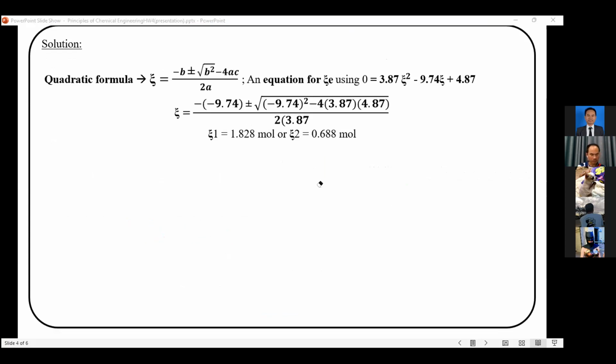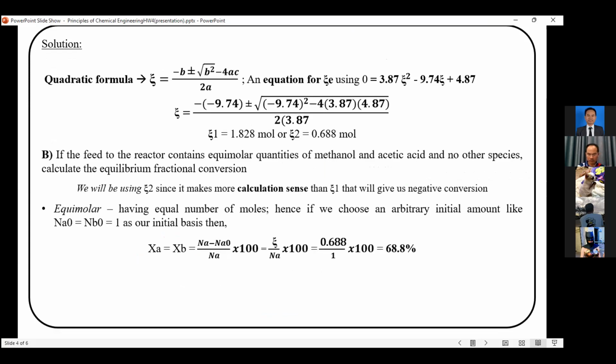Okay. So using the quadratic formula, we can find that there are two solutions, E1 and E2. Among the two, we will use E2, because when we use it in the conversion, that will make much more sense, since it will give us a positive conversion, compared to E1, which will give a negative conversion.